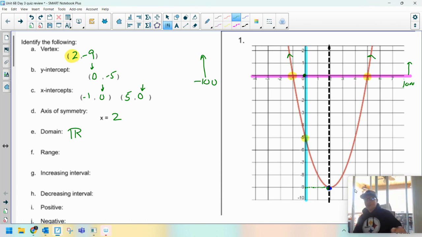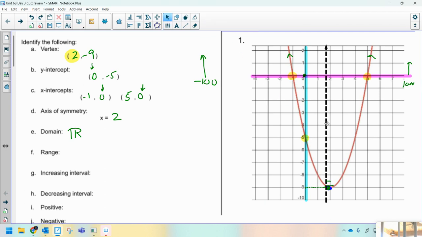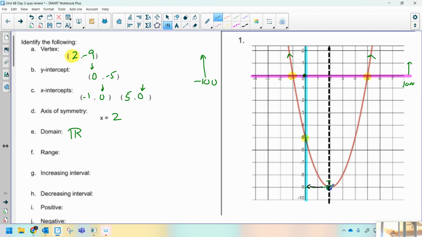Now the range is a little different. The range means the y's. So here's our y-axis in the highlighted blue. If I go all the way down to the vertex, hello vertex, I have a point here that touches -9. In fact, the vertex touches -9 on the y's.